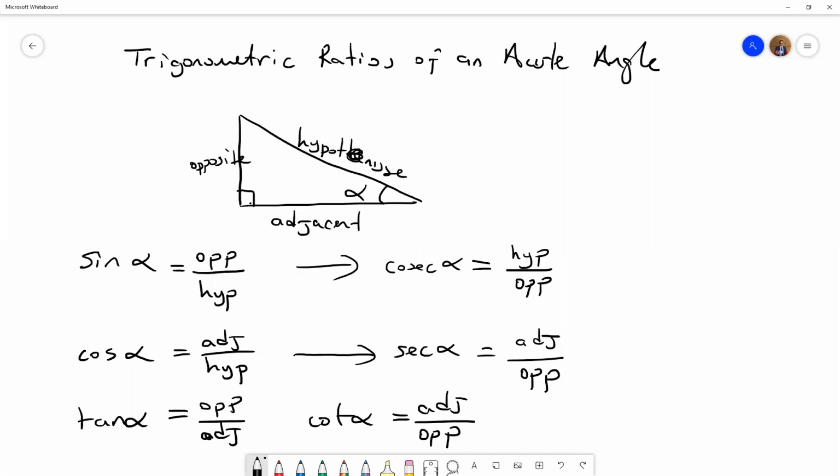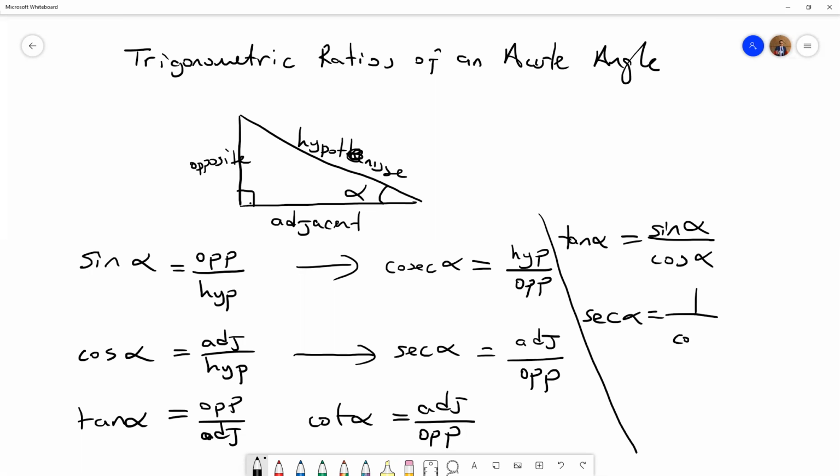Finally, we can also give these ratios. Tangent alpha is equal to sine alpha over cosine alpha, and secant alpha is equal to 1 over cosine alpha, and this is not, sorry.